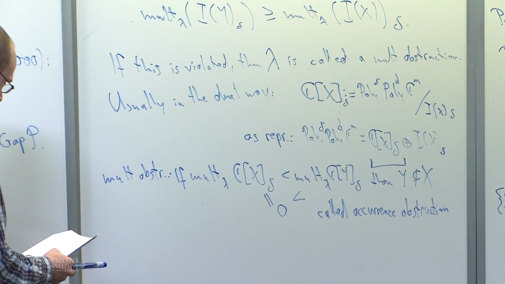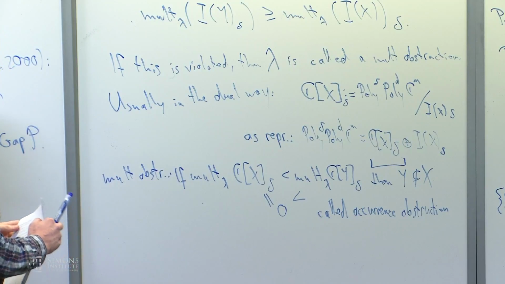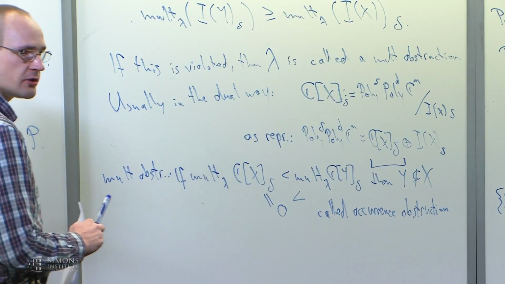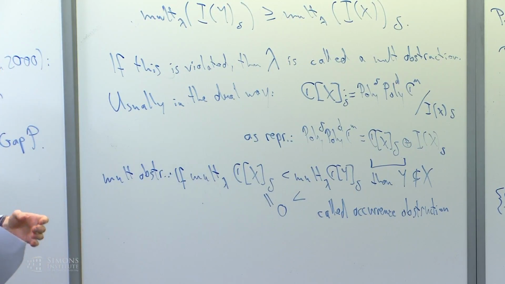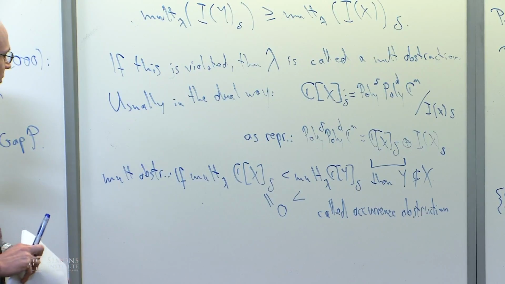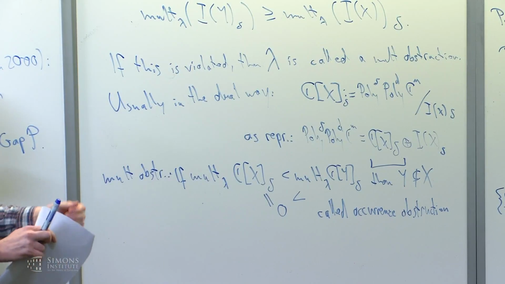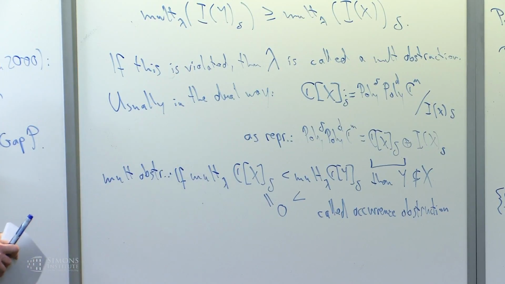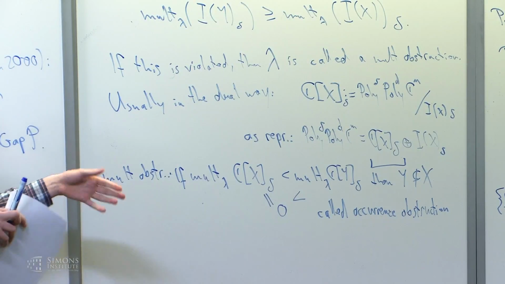If you have a different model of computation where you don't use the homogeneous model, if you have an affine model of computation, then you cannot use occurrence obstructions for the lower bound. That is what we proved. It is based on some work by Kadish and Landsberg, where they study precisely what happens in these affine models of computation and what happens to the representations.